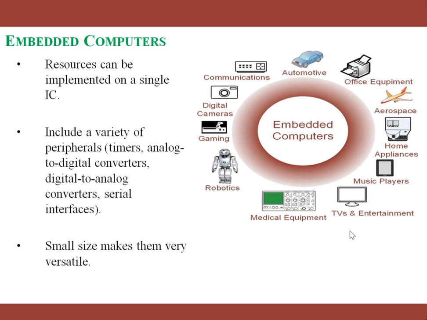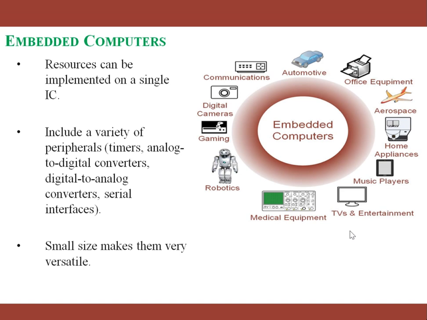Embedded computers are intended to perform a specific task. Microcontrollers are intended to perform specific tasks, whereas general purpose computers have microprocessors. Embedded computers are of the microcontroller kind. The resources can be implemented on a single IC, a single integrated chip.